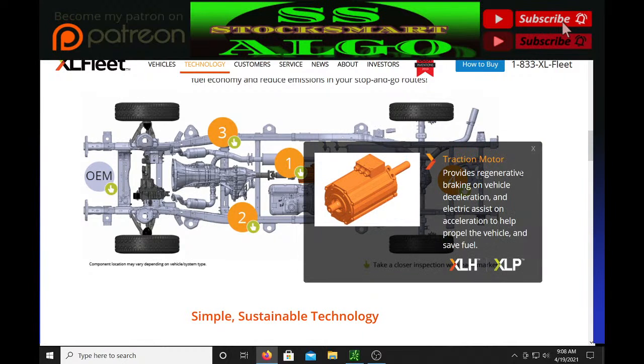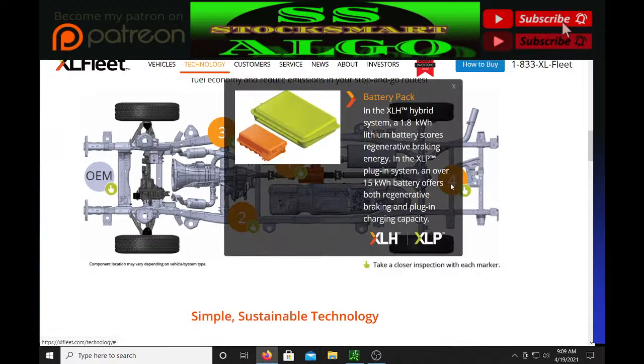Traction motor. Okay, it provides regenerative braking on vehicle deceleration and electric assist on acceleration to help propel the vehicle and save fuel. And what are you? Okay, the battery pack, of course. The 15 kilowatt hour battery offers both regenerative braking and plug-in charging capacity. I like that.